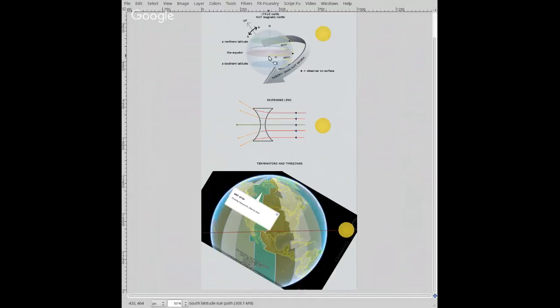So let me think about that some more. Because right now, like I said, this doesn't work, but pretend you take this line in this sun and move it up over here. It's pointing like this. So we have a terminator line going this way, just like I have up here.